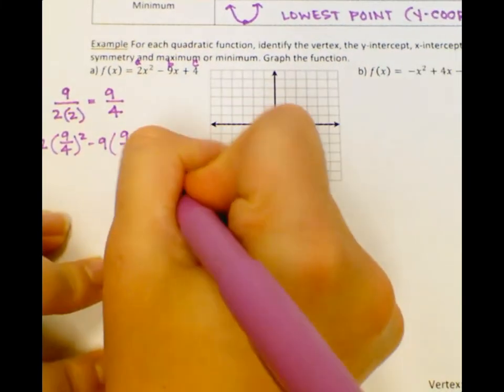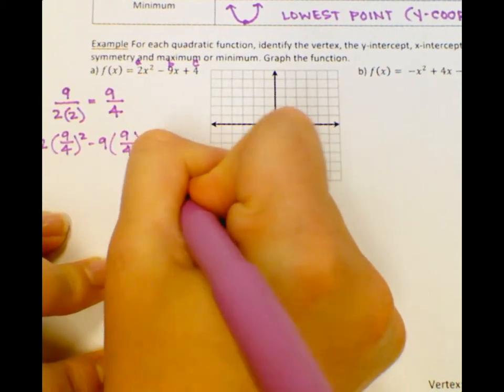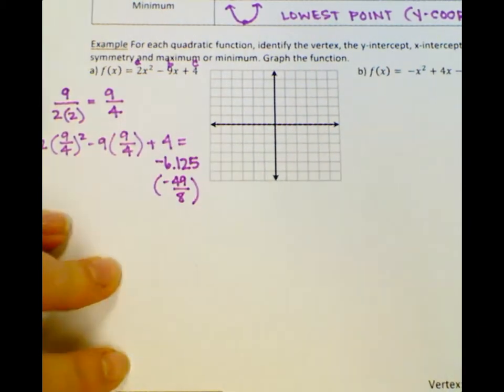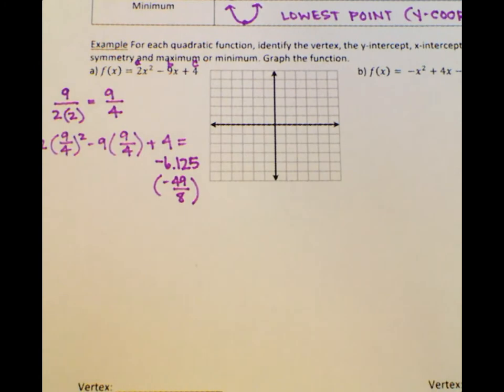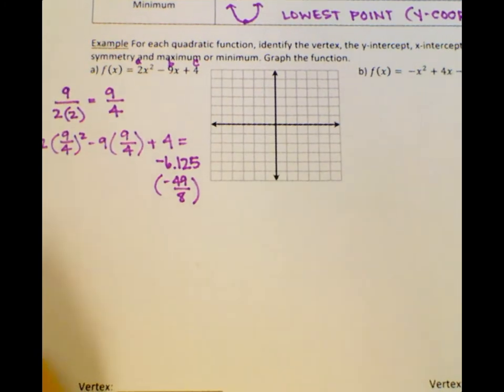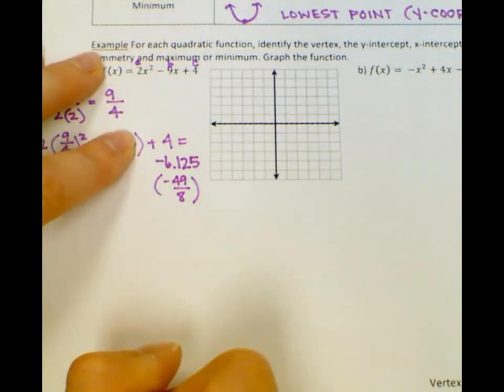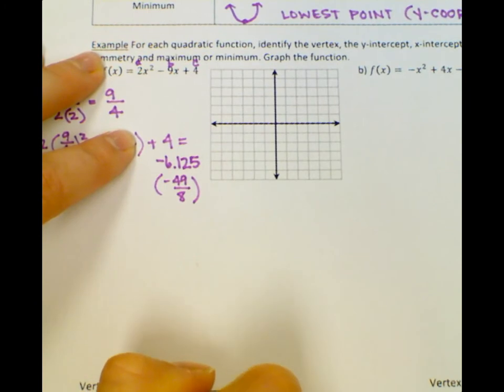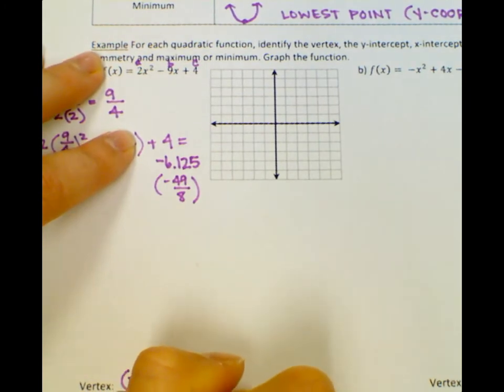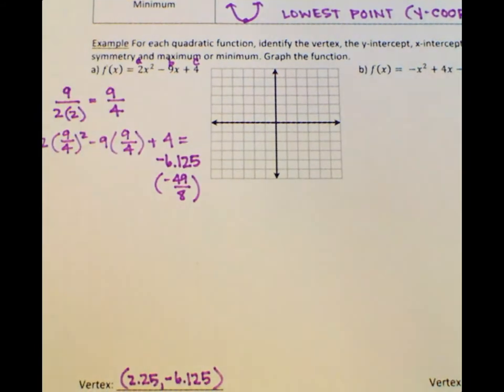And that turns it into negative 49 over 8. So you decide, I'm okay with the decimal or the fraction. So 9 over 4 is 2.25, and then we have our negative 6.125.